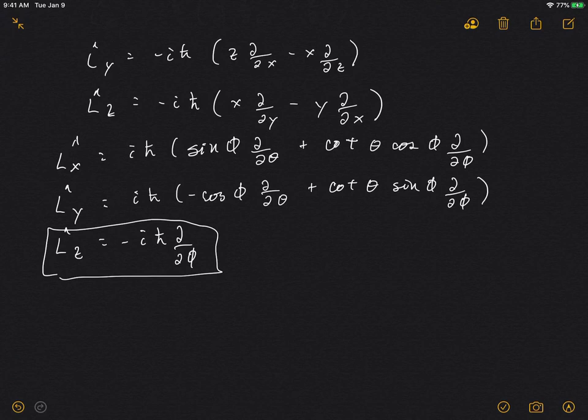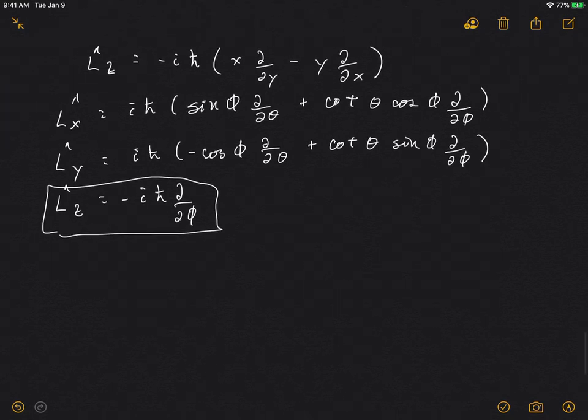Now our L squared, okay, let's think about this a minute. Let's see, oh yeah, it turns out that L squared, you can actually plug it in, but you can also pull it out of the Hamiltonian, in that kinetic energy is L squared over 2I.